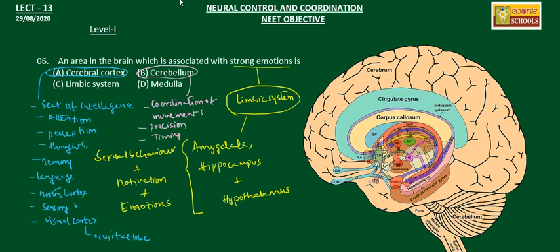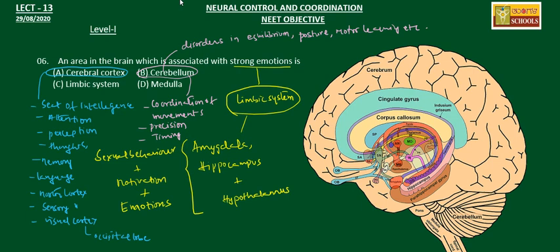Any damage to this cerebellum can result in disorders in equilibrium, then posture, and then even motor learning, etc. These will be associated if any damage happens to the cerebellum.